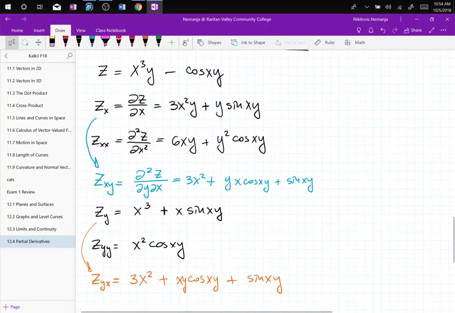So we will need zx and zy to set them equal to 0 to find critical points. We will need zxx, zyy, and one of these two to solve the second derivative test, which will tell us whether the points we found, these critical points, are min, max, or saddle.